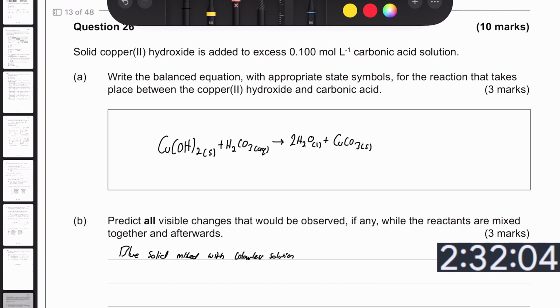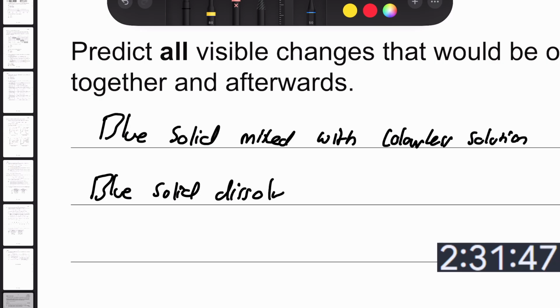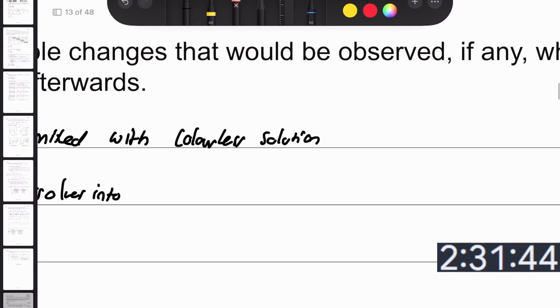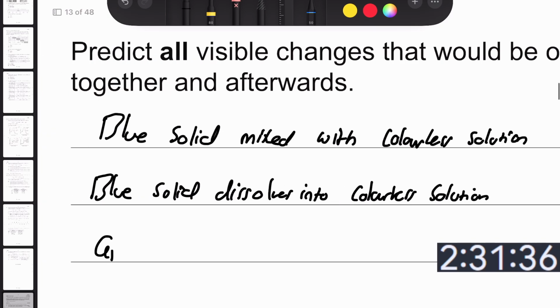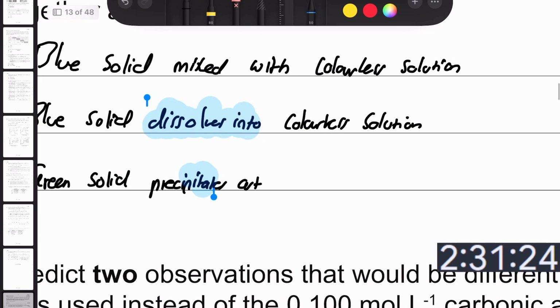Aha, okay, so copper 2 carbonate in my formula data sheet is green. Copper hydroxide is going to be blue. So I'm going to say blue solid dissolves into colorless solution. Green solid appears or precipitates out of solution.